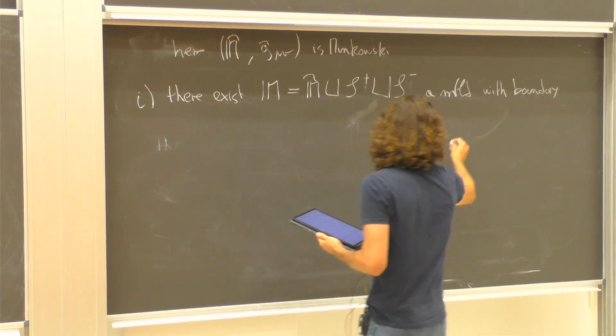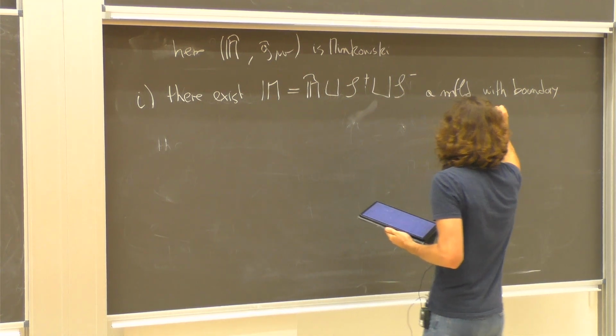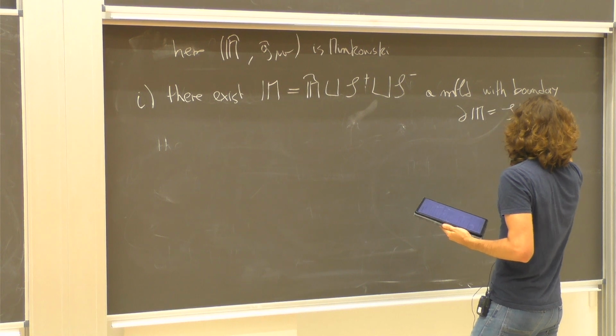And the boundary is scri plus, scri minus.